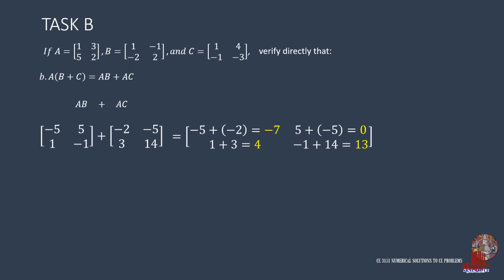Next is to take the summation of elements 2, 1, which are 1 and 3, easily added to 4. Then elements 2, 2 added together becomes 13. So matrix AB plus matrix AC contains elements negative 7, 0, 4, and 13. The same elements we got from the first procedure. So task B is also verified correct.